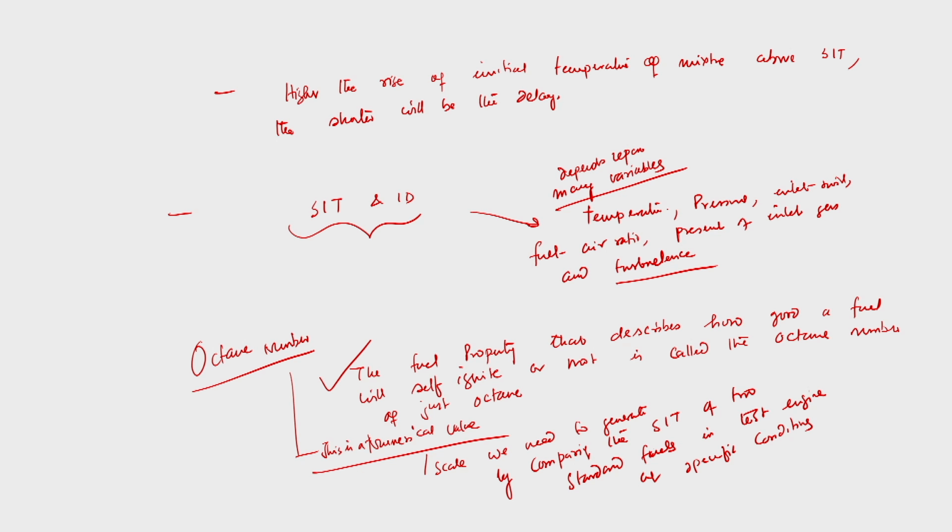So, we have understood that in the context of the SI engine, the fuel is not self igniting, that is why I require a spark plug. Now, what will be the consequence if the fuel self ignites in an SI engine, that we will see.